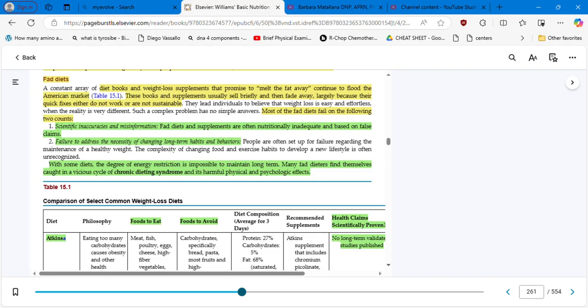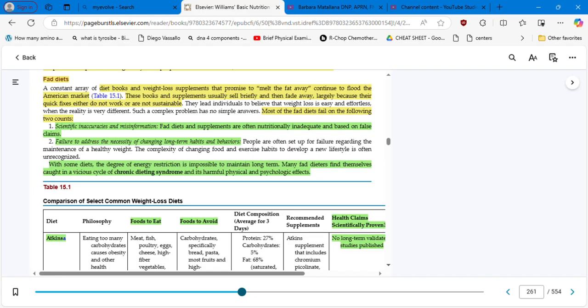In order for a diet to be successful, yes, we have to reduce the amount of calories, but we have to increase the amount of activity. However, we have to work on the habits and behaviors, and that includes the psychological, mental state of the patient and the habits. We need to work on that.